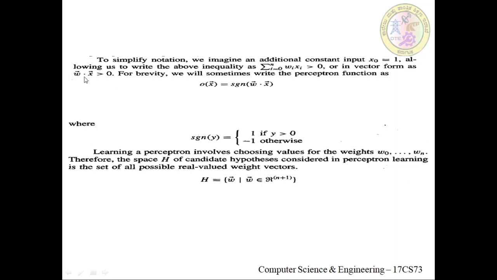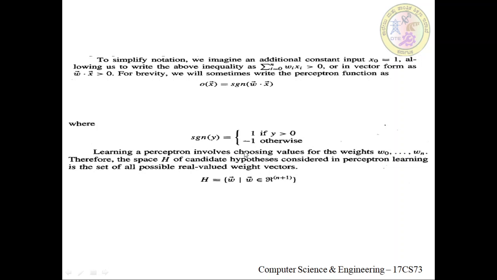Or in the vector form, w vector dot x vector greater than 0. We can write this in the vector format, O of x vector equal to sign of w vector dot x vector, where sign of y is 1 if y is greater than 0, and minus 1 otherwise.